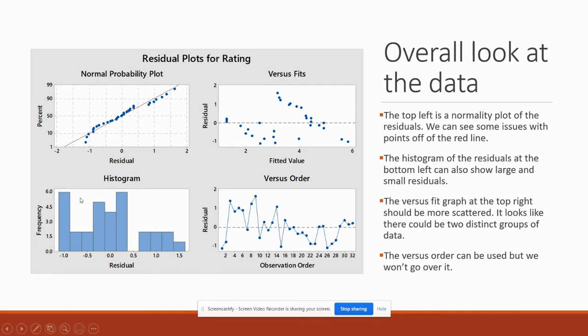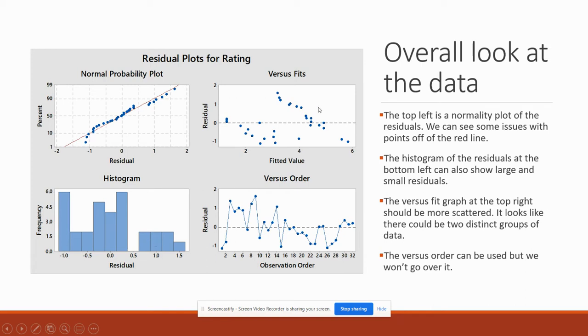Okay. So this one down here is a histogram of the residuals, and it's showing me how I have some large and small residuals. So like here, I have a frequency of 6, which is -1 residual. So remember, that's that distance from the line to the actual point. And I do have some positive residuals over here.